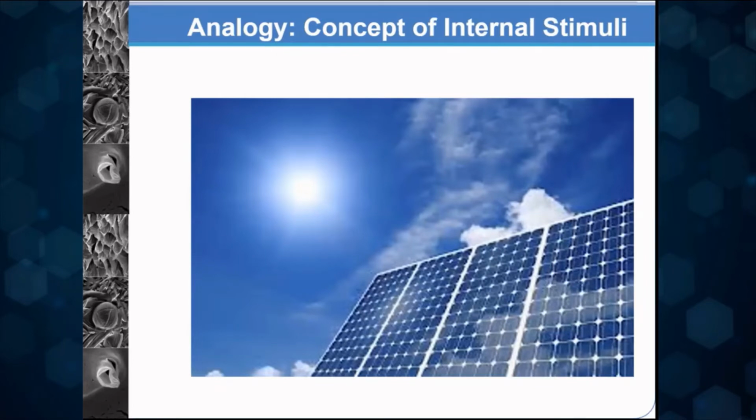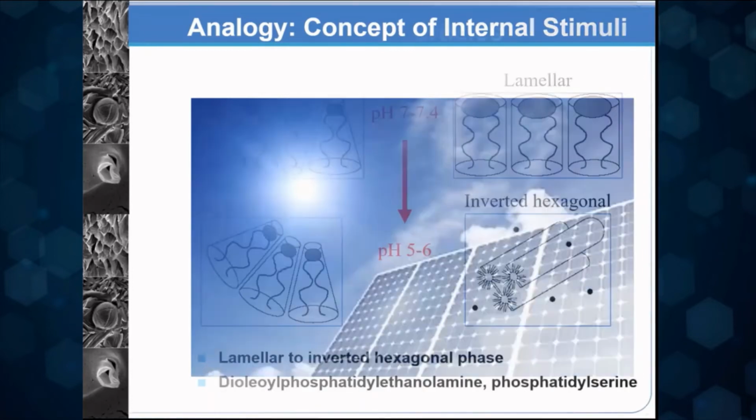What you will know is the information about these, and you will hence optimize the localization of your solar panels. So the internal stimulus is already present, let's say a lower pH associated with a certain disease state, and you cannot modulate that change, but you can know where to expect a certain change and design your carrier and biomaterial so that it responds to that particular change.